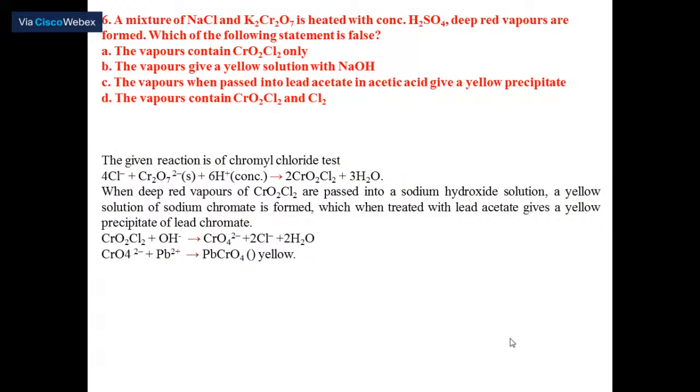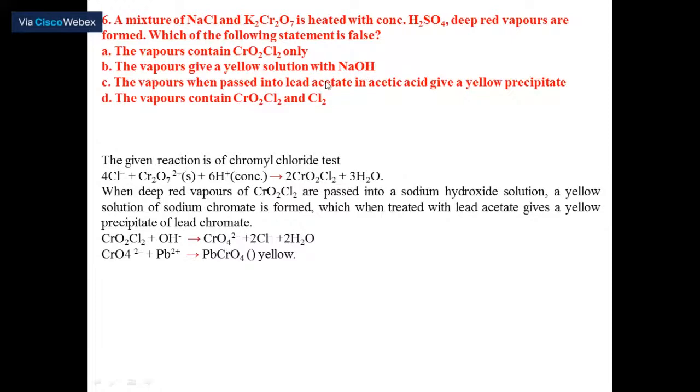So the first answer is correct. When it is treated with NaOH, you'll get water, and CrO4 2-, chromate, sodium chromate will be formed. This sodium chromate treated with lead acetate gives lead chromate precipitate, a yellow chromate precipitate.